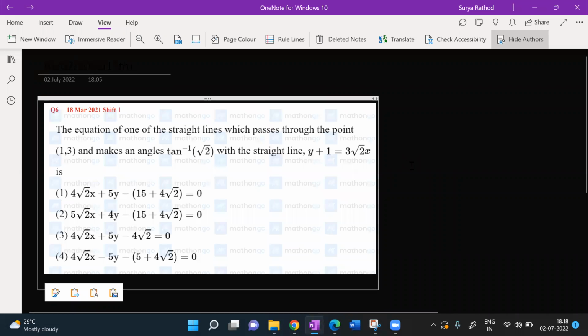Make it fast. Quick, quick. Make it fast.